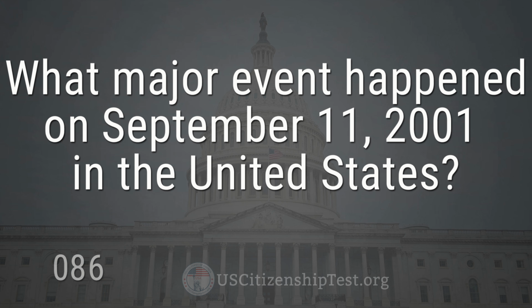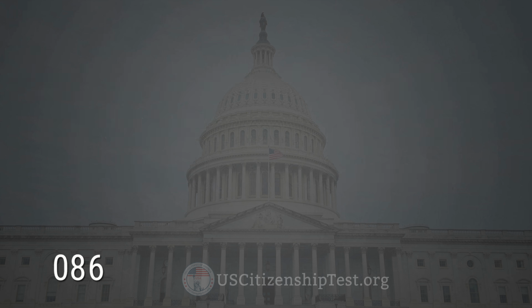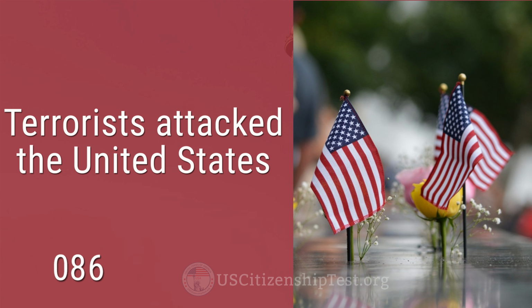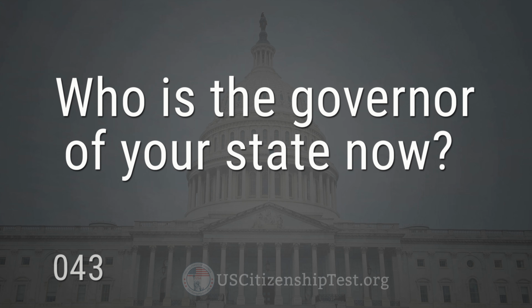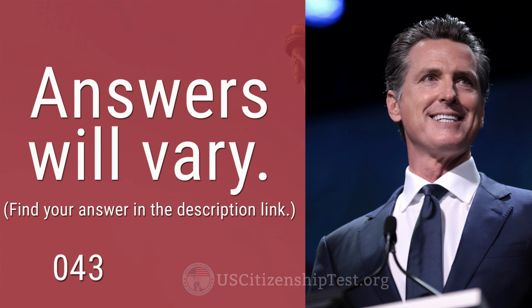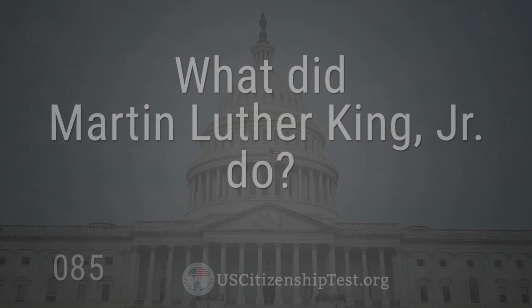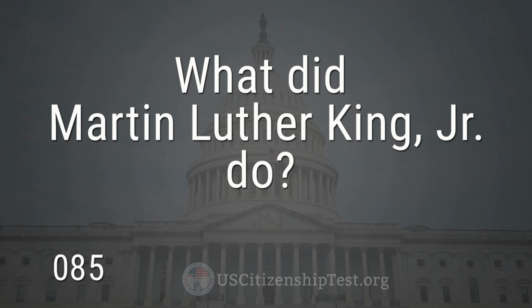What major event happened on September 11, 2001 in the United States? Terrorists attacked the United States. Who is the governor of your state now? What did Martin Luther King Jr. do?